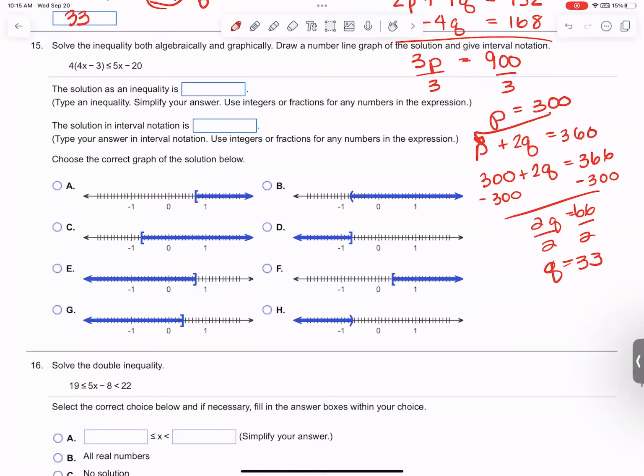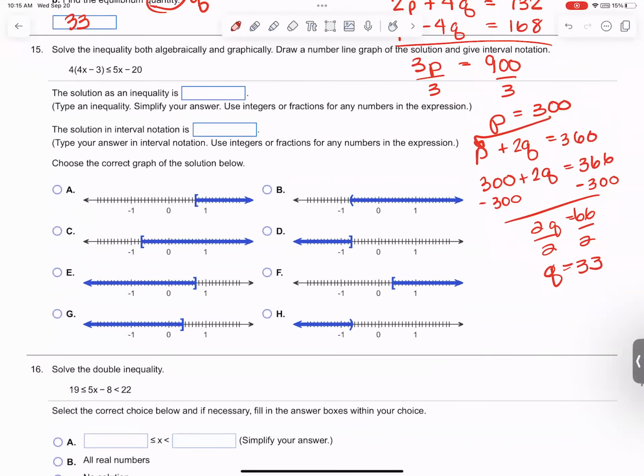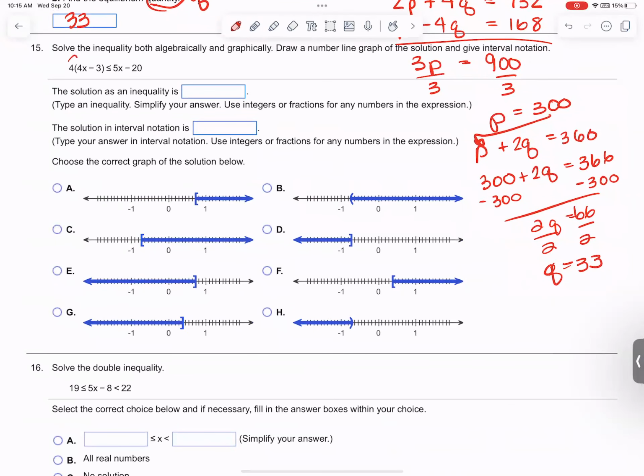So I'm going to distribute the 4 across. So I get 16x minus 12 is less than or equal to 5x minus 20. I'm going to move the 5x over. Add the 12 to both sides. Divide both sides by 11.